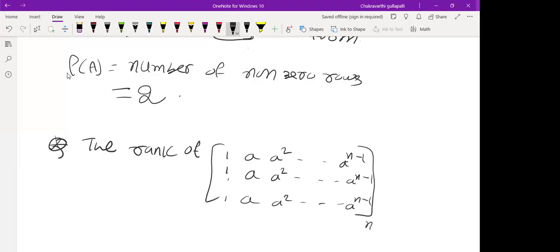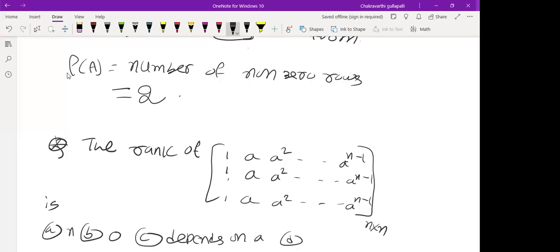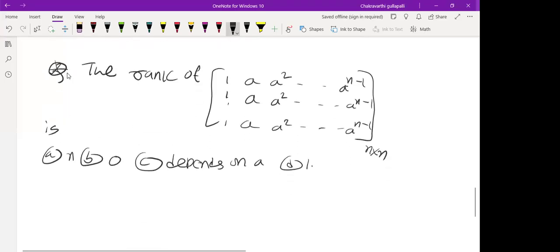This is an n by n matrix. Option A, n. Option B, 0. Option C, depends on a. Option D, 1. So, which option is correct? Let us see.